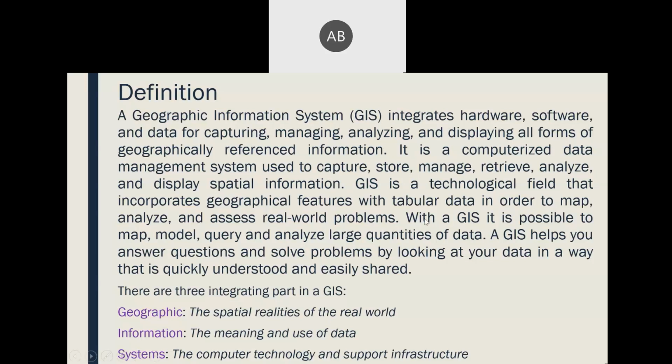Again, this is just an elaboration of our discussion. With GIS, it is possible to map. Ultimately you will produce maps, and those maps will tell your story to the audience that you want your story to be heard.